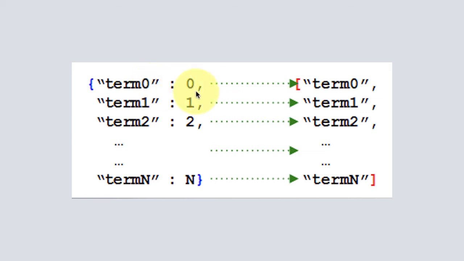And because of this, we can transform the vocabulary dictionary into a list where we store the term at a location that corresponds to the index value for that term. So by indexing a list, or by slicing a list, you can get the terms by using the index values very efficiently. That is actually the way popular Python packages help you extract the terms by using the index values.